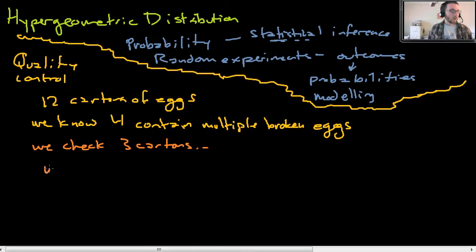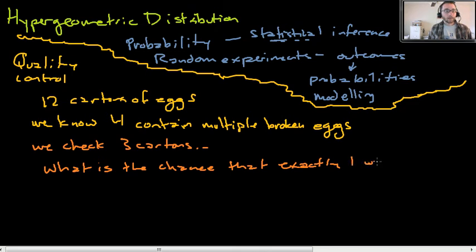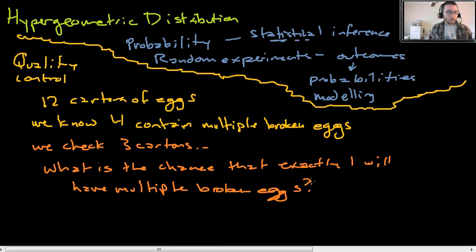We want to know what is the chance that exactly 1 will have multiple broken eggs. Now this is similar to the binomial distribution, where we were doing a bunch of trials in a row.